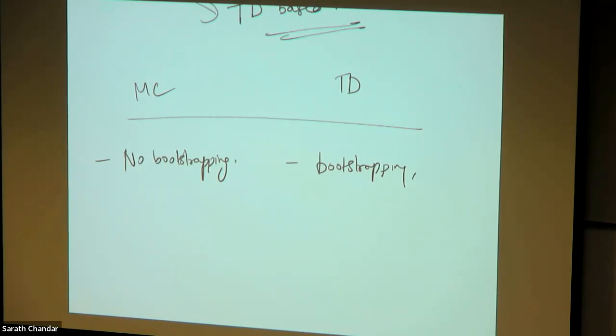Now there are advantages with bootstrapping. For example, you don't need to wait till the end of the episode to make your improvements. Also, sometimes, let's say you're solving continuing tasks, it is very difficult to use Monte Carlo methods because they expect you to end the episode. On the other hand, you can easily use bootstrapping-based methods like TD.